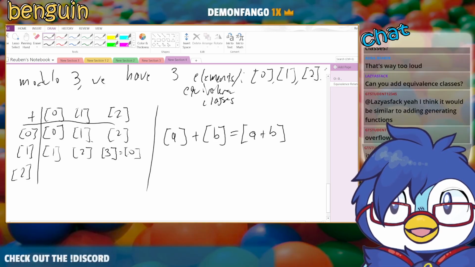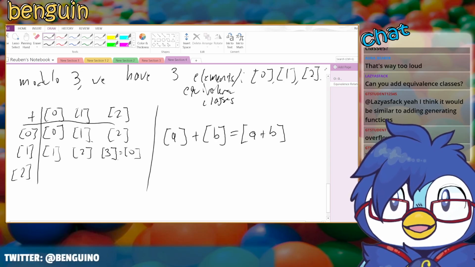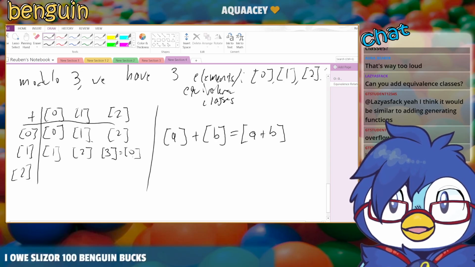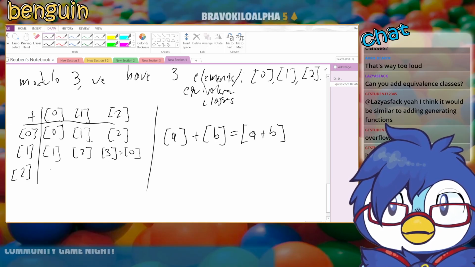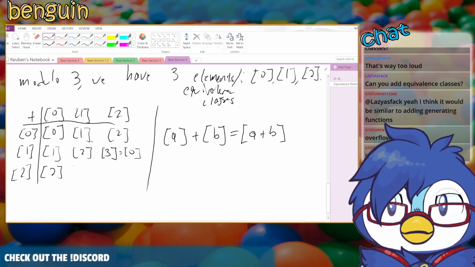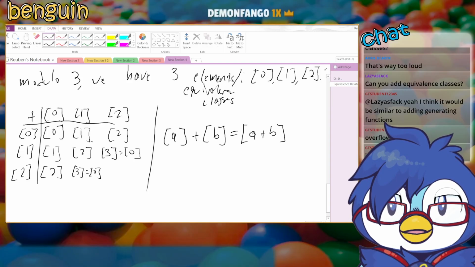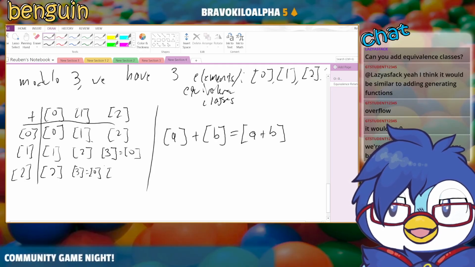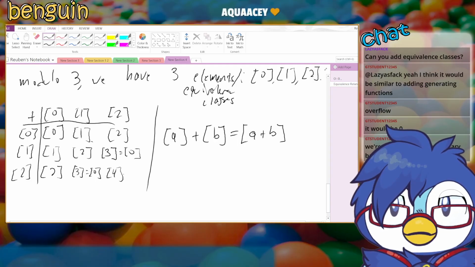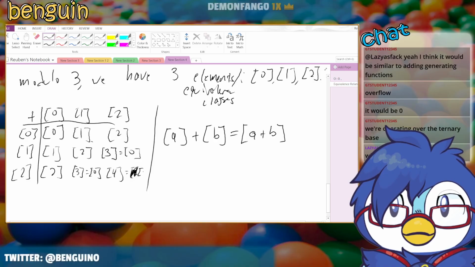Either of these is fine. If we want to represent everything in terms of only 0, 1, or 2, then we could just write 0, but these are essentially the same thing. Then here we have 2. Here we have 3, but remember, these equivalence classes are the same. And lastly, we have 4, but remember, this is equivalent to the 1 here.